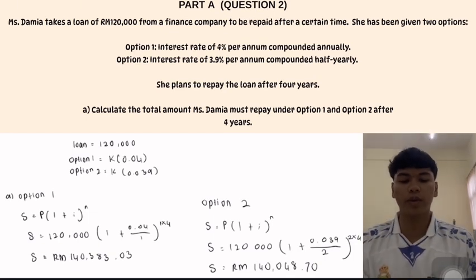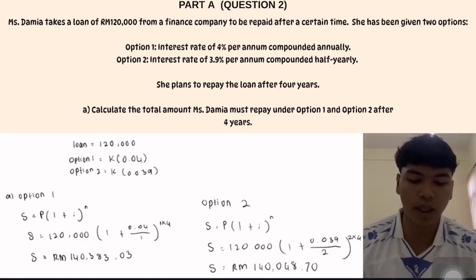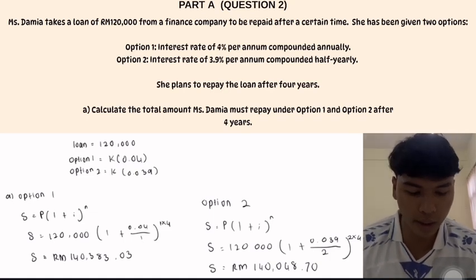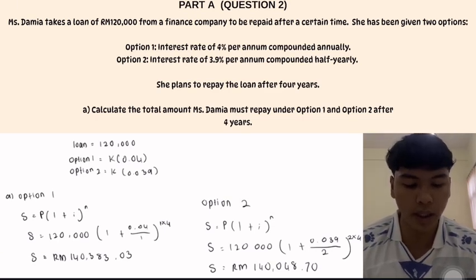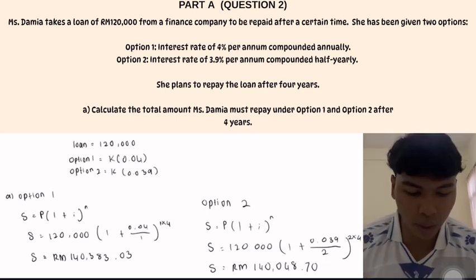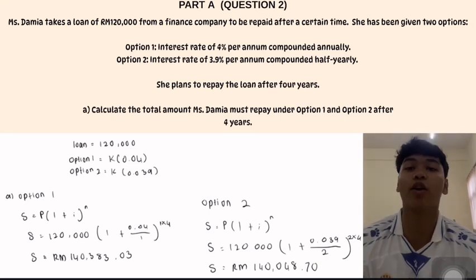So after we substitute all of the numbers, P is RM120,000, K is 0.04, M is 1, and T is 4. We got RM140,383.03. That's it for option 1.